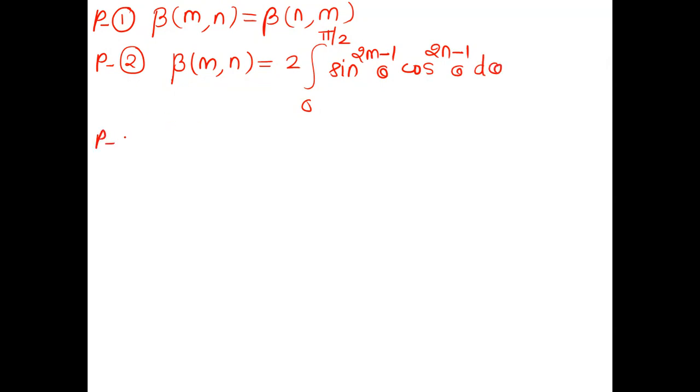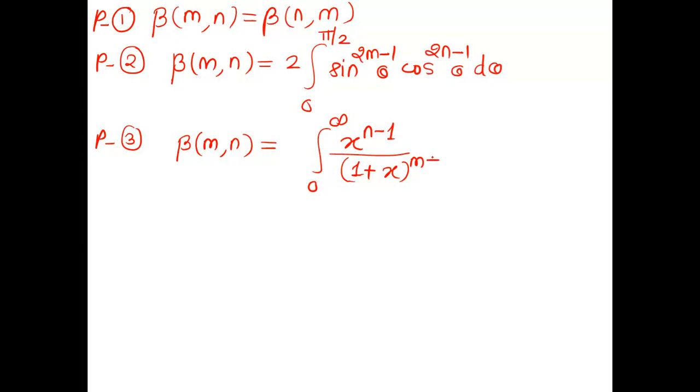Then we have a third property, which says that beta of m, n is equal to the integral from 0 to infinity of x raised to power n minus 1 upon 1 plus x to the power m plus n.